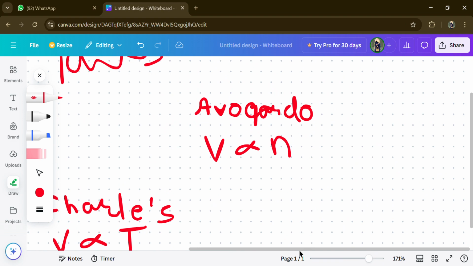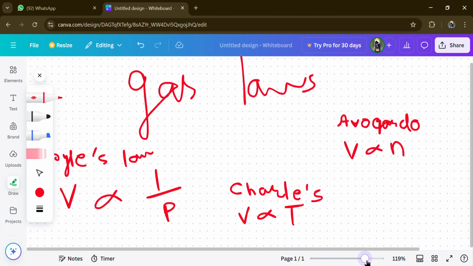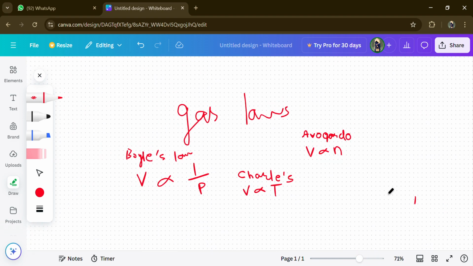So these three laws are given to us, and by reference to these three laws, we create a general equation that is known as the gaseous equation or kinetic molecular theory equation. Here you can see that all the equations are proportional by reference to the volume.